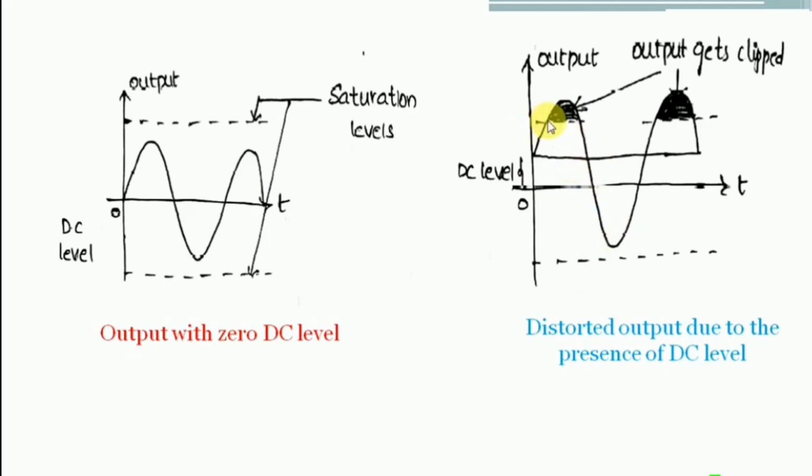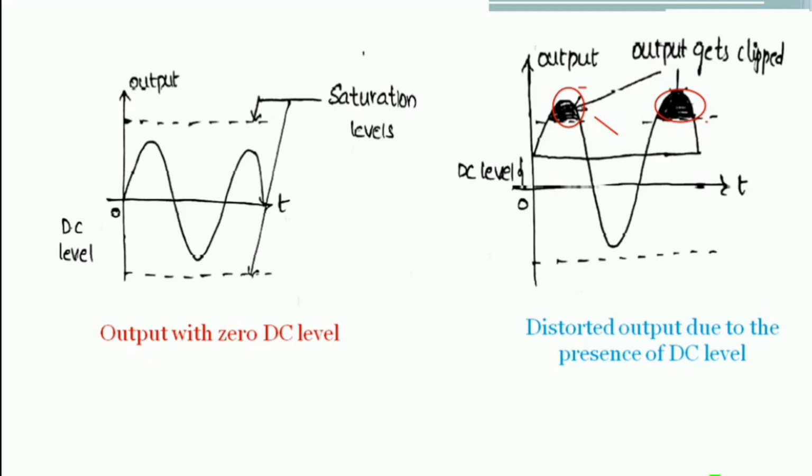Since it crosses the saturation level, the portion at this point is distorted, which means some information will be lost. So one way of blocking the DC signal is with the use of coupling capacitors.